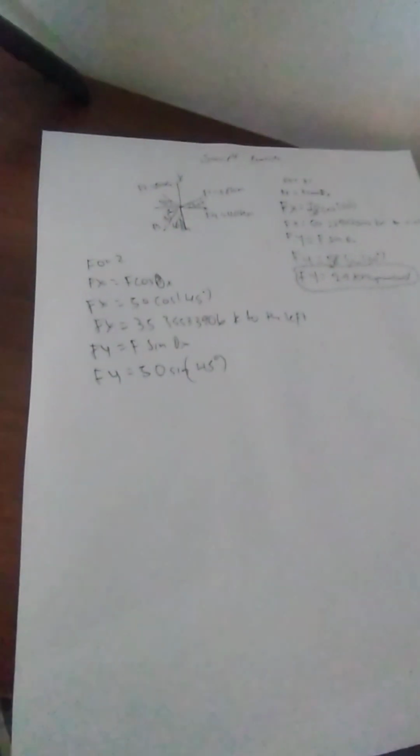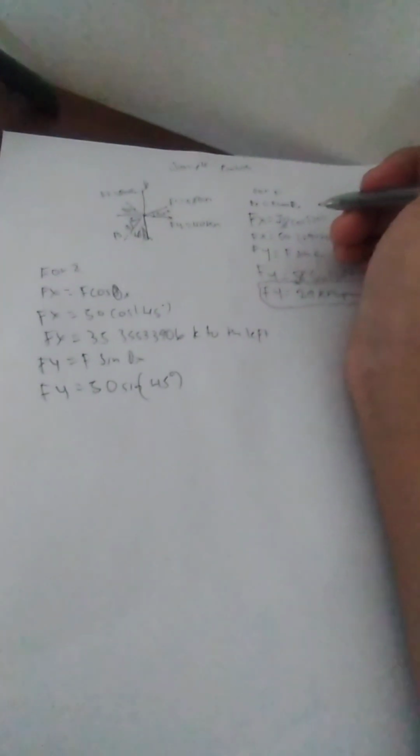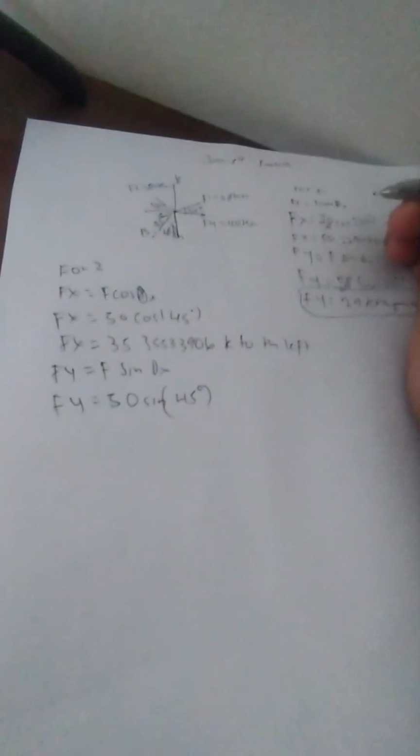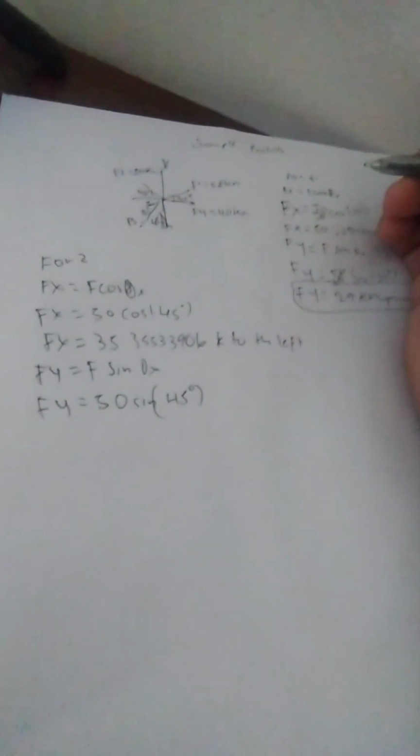So for number 3, in this particular force, the given is not the angle but the slope, having a horizontal component of 5 and a vertical component of 12. First, we have to solve for the hypotenuse of the slope.